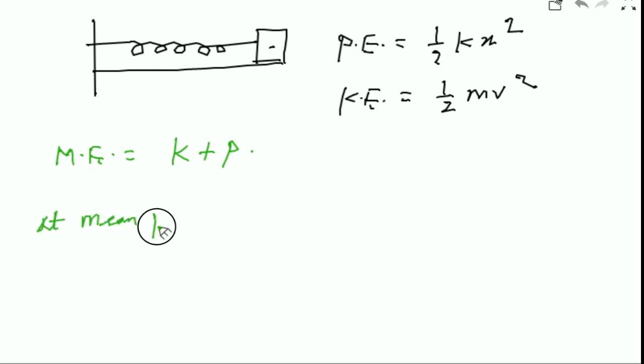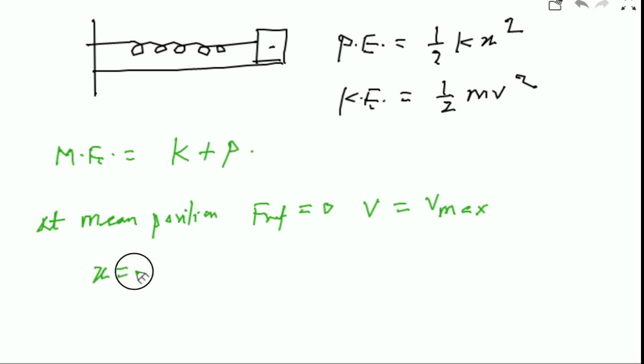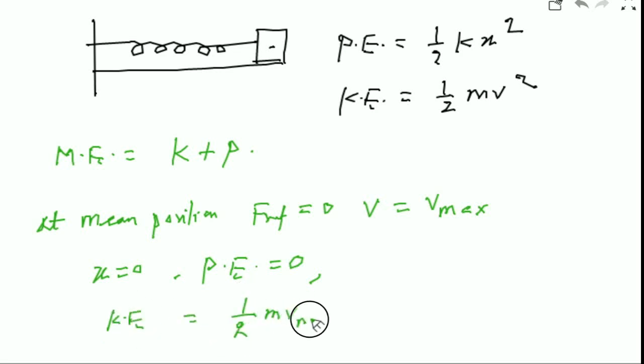At the mean position the net force is 0 and the velocity is maximum. At that point x equals 0, so the potential energy is 0 and the kinetic energy is maximum, half m v max square. So the total energy, or mechanical energy, at that point will be half m v max square.